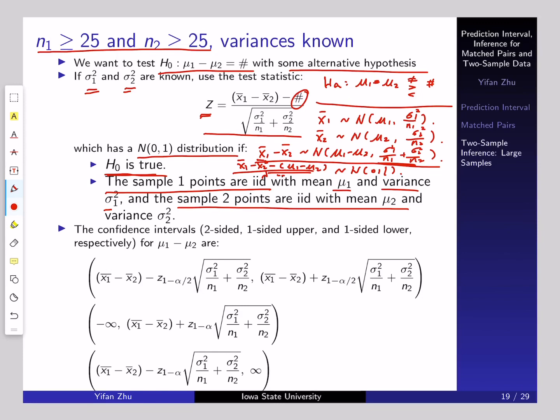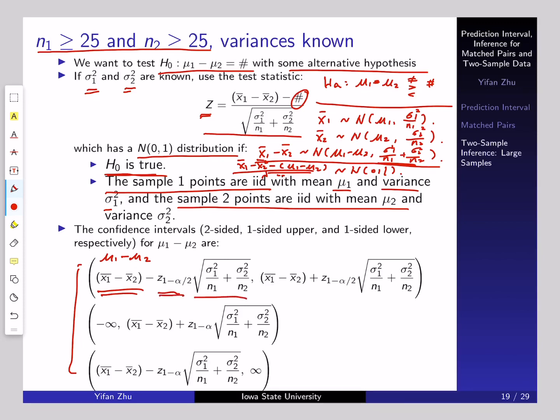So this is when you know the true standard deviation for both of the populations. Then the two-sided or one-sided confidence intervals will be like this. This is the estimate of mu1 minus mu2.